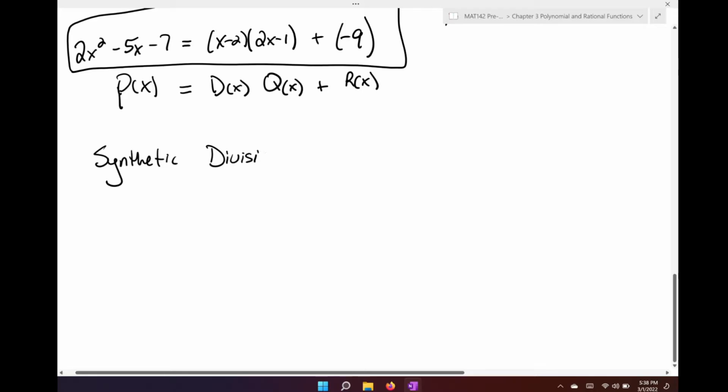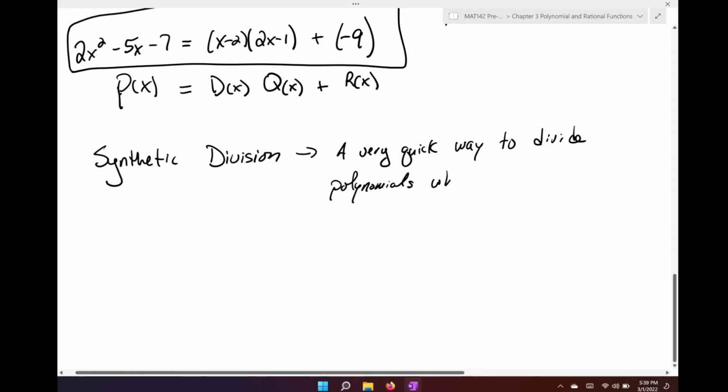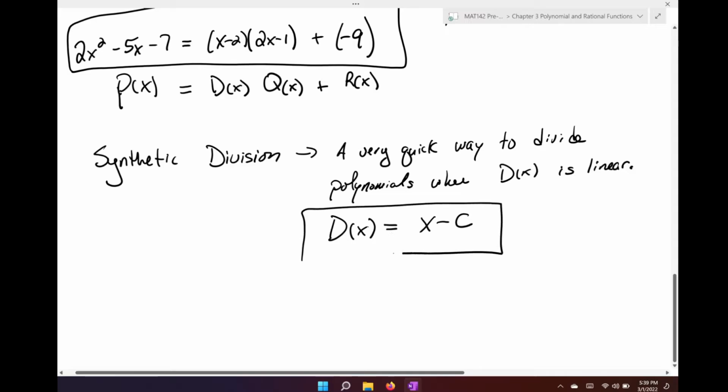Now, synthetic division is a very fast or very quick way to divide polynomials when d of x is linear, okay? Which means d of x has to be in the form x minus c, okay?